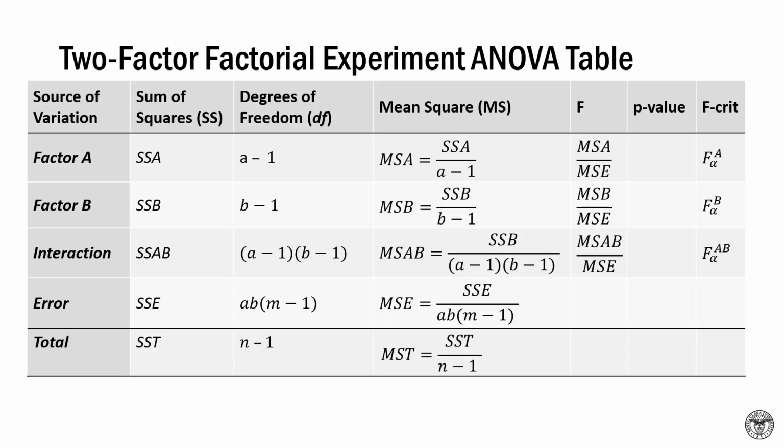A two-factor factorial experiment ANOVA table is a summary of results from a two-factor factorial experiment. The table includes the source of variation, sum of squares, and degrees of freedom.